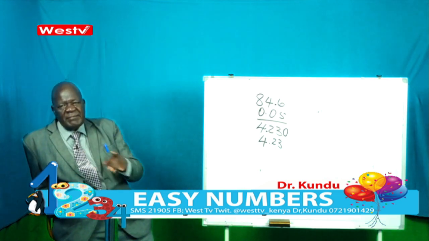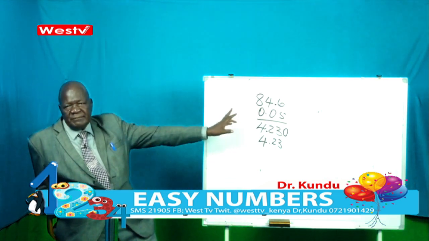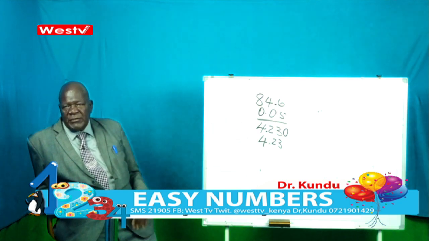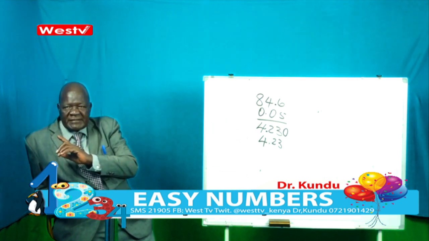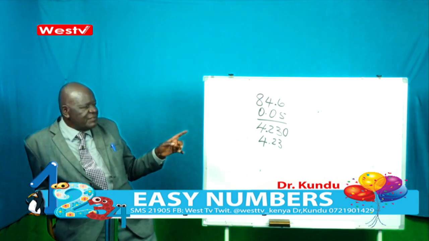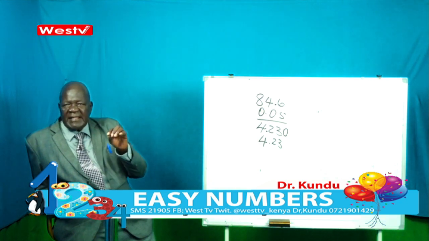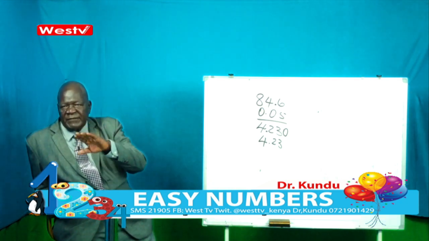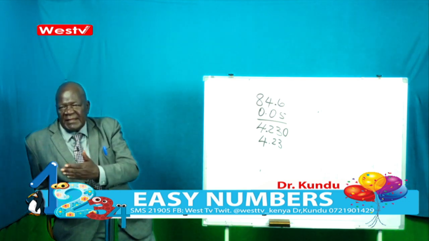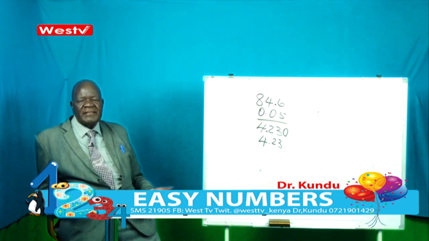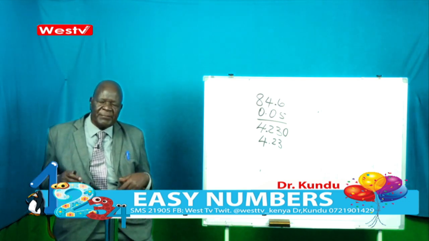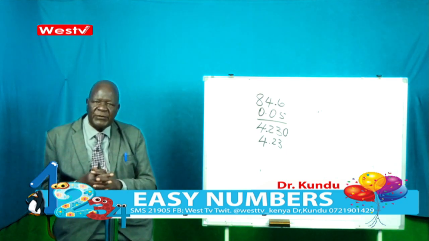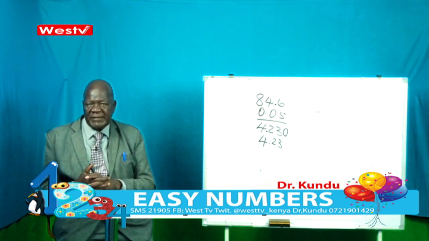Plain numbers, I mean, like in this problem, 84.6, you just say it is 846. And 0.05, you just say it is 5. Those are plain numbers. 846 times 5. Get to the answer and then put back the decimals that are in the problem. In that way, you become supersonic.